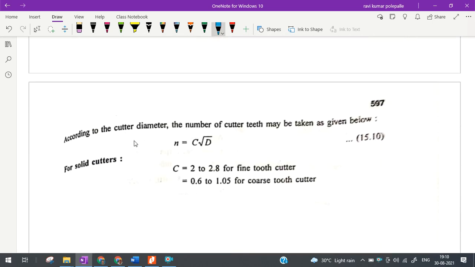Next, cutter diameter: the number of teeth in the cutter may be taken as C into root of D. This is also one way. For solid cutters, 2 to 2.8 shall be the value of C, and 0.6 into 1.05 is the case for fine tooth. Coarse tooth, fine tooth: depending upon that, I can take the value of C and decide the number of cutter teeth.